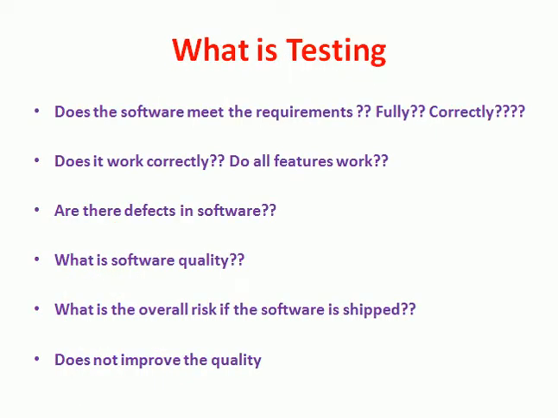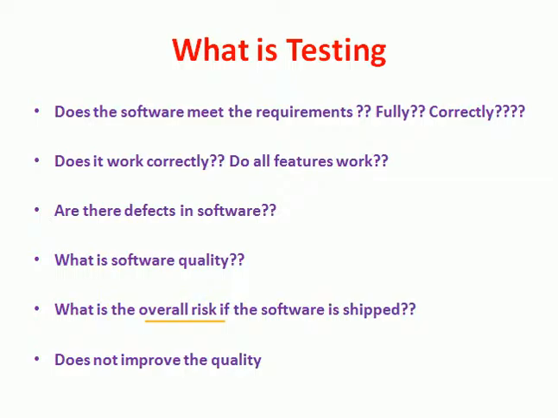Does each of the features in the software work correctly? And are there any defects in the software or not? And side by side, testing also generates quality related data for the software. It finds out the overall quality characteristic of the software, and based on the quality risk, it is possible to estimate the overall risk if the software is shipped in its current state.